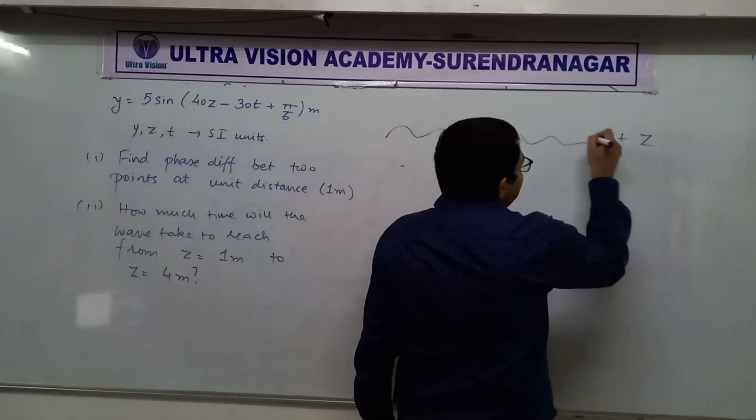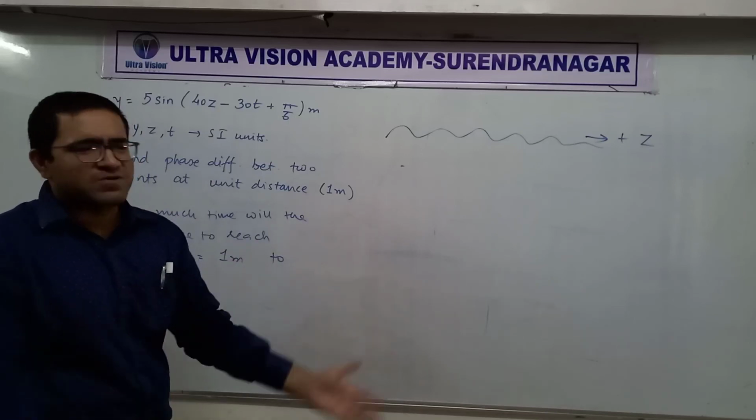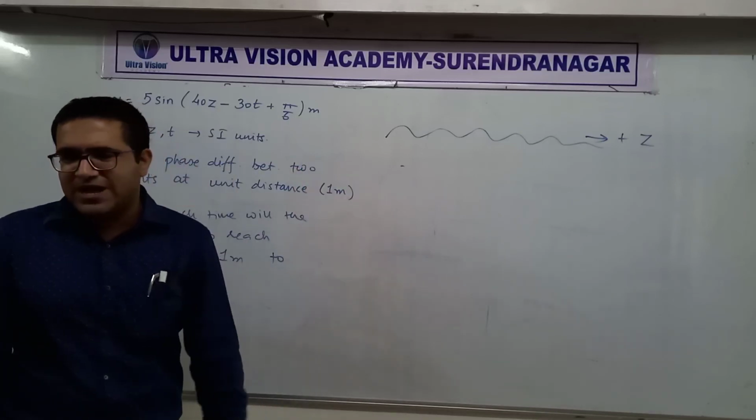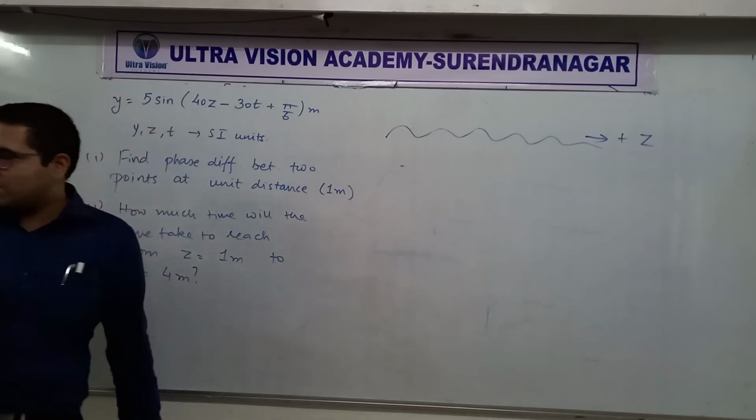Positive z. Let's say this side is z axis. Remember we can take axis wherever we want. Understood?